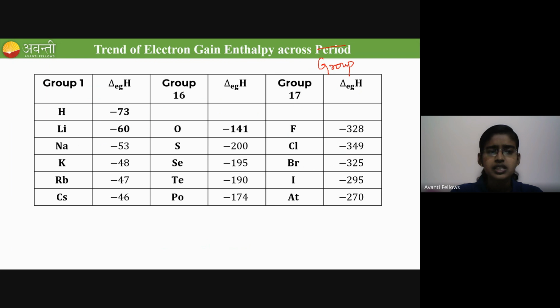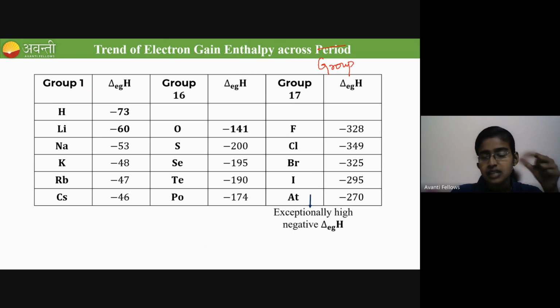And here you see, on moving down the group or across the period, first I want to talk about the last group, the 17th group elements, which have the more negative electron gain enthalpy value. When you go from lithium to oxygen and to fluorine, fluorine has the more negative value of electron gain enthalpy.